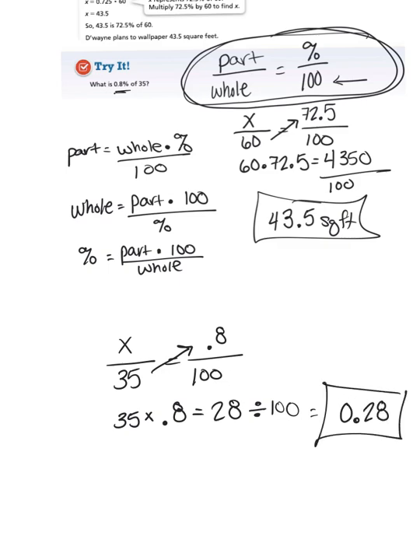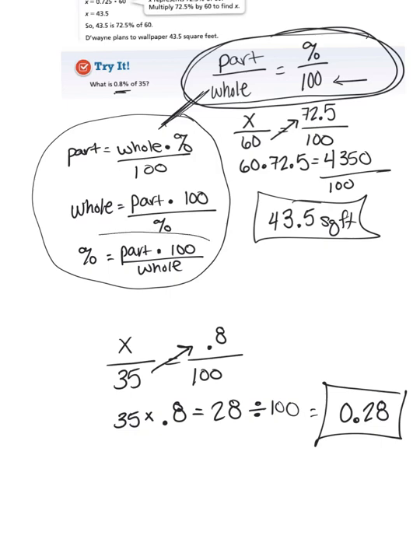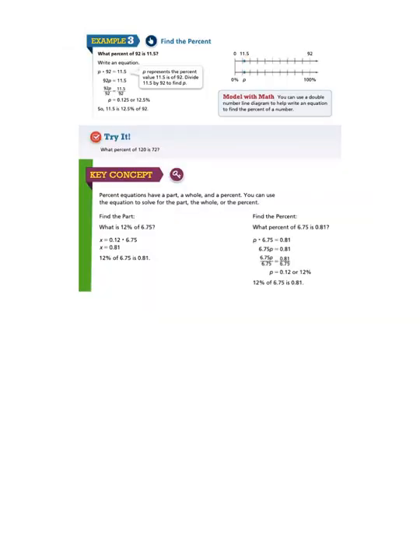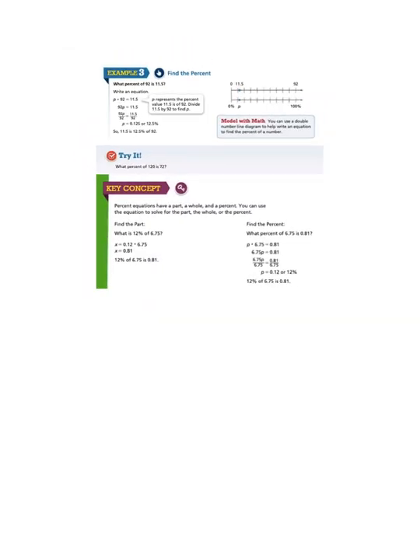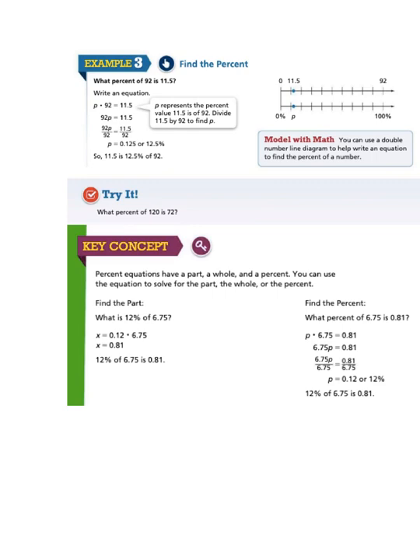All right, so on these particular problems, you have to know your equations. Please write the proportion and write the equations down. Remember, here's the equation for the percent: part times 100 divided by the whole. All right, let's try one more. On this one, we're looking for the percent.